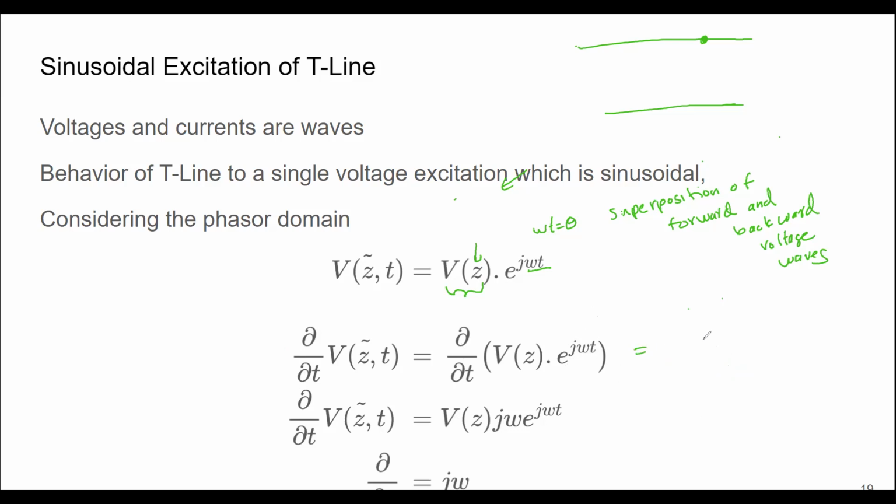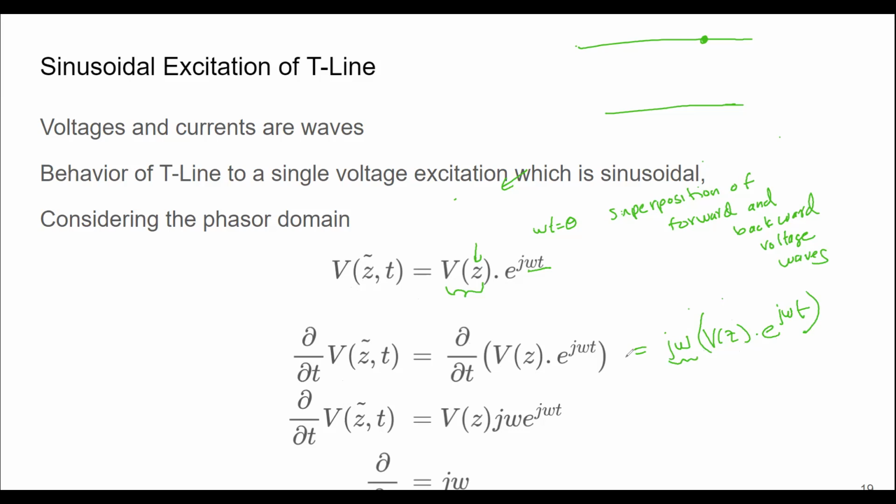So this is going to be equal to V(z) times j omega times e^(j omega t), right? So once we take the derivative of the voltage wave, it is equal to j omega times the same original expression. Only the additional component is j omega. I hope it is clear to you.